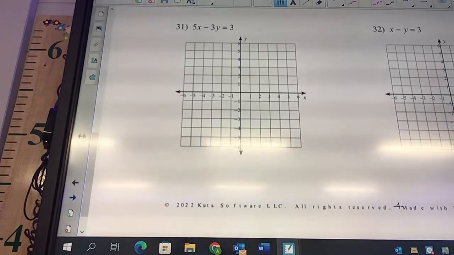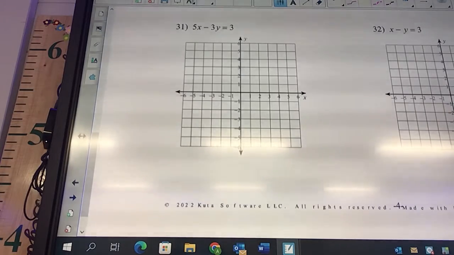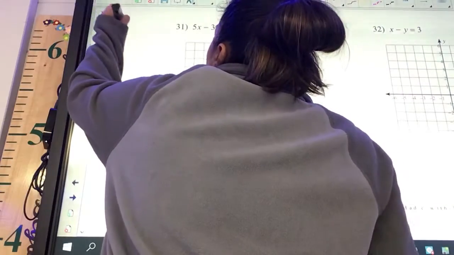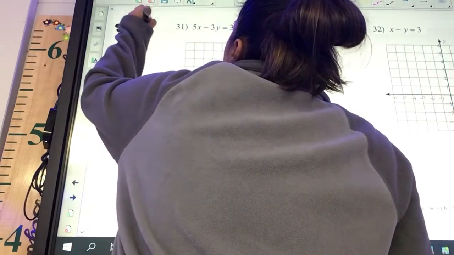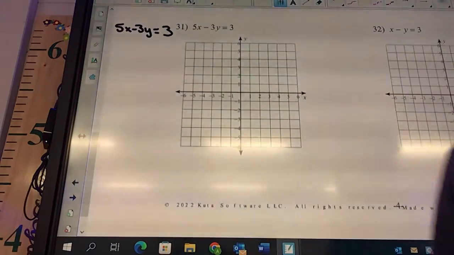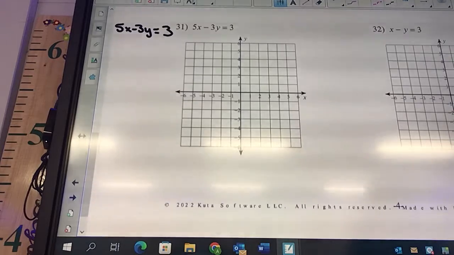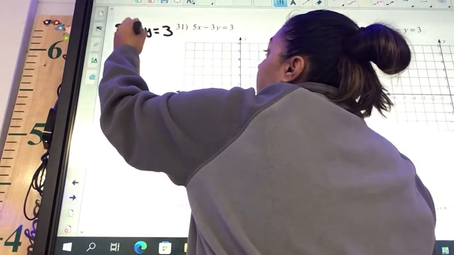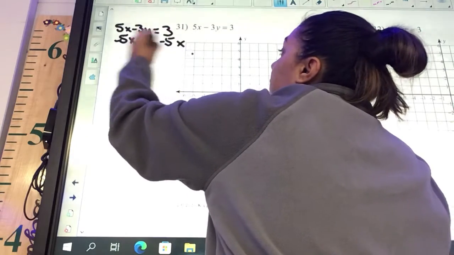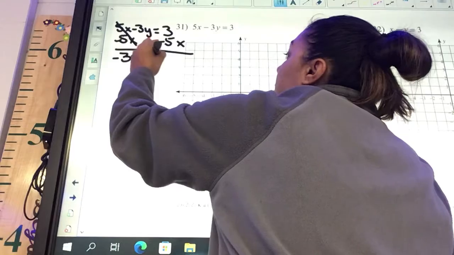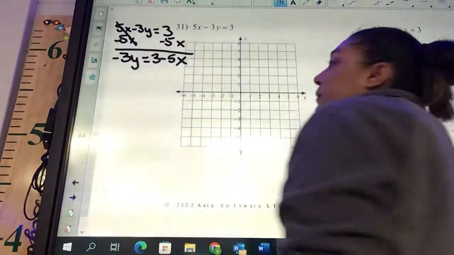Okay, 31. Does that say y equals? No, so you cannot graph it. You gotta move stuff around. You got 5x minus 3y equals 3. Okay, what's gonna be our first step? Yep, we're gonna say minus 5x. So I got negative 3y equals 3 minus 5x.